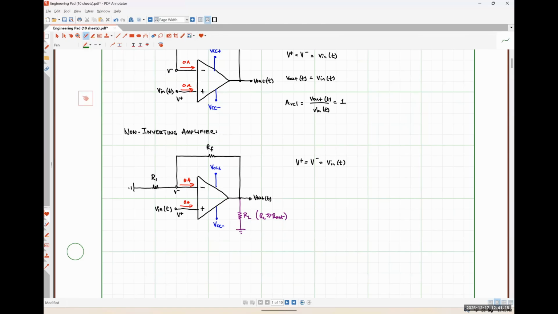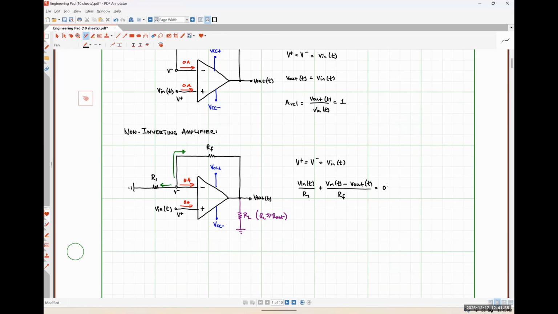I'm just going to be adding this current and this current together. So that's going to look like Vin divided by R1 plus Vin minus V out divided by Rf is equal to 0.